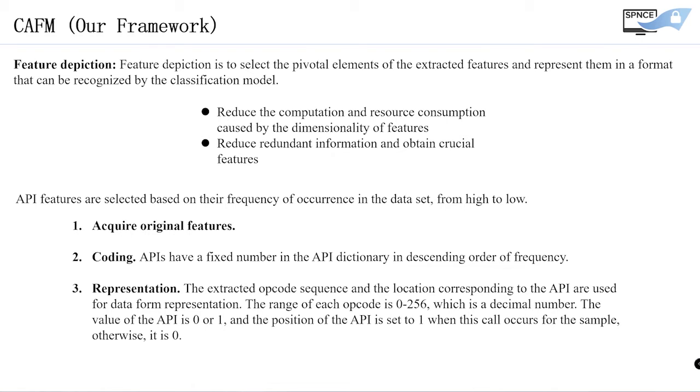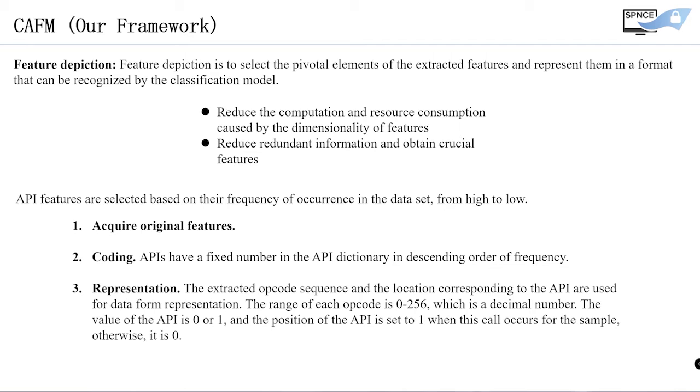API features are selected based on their frequency of occurrence in the dataset, from high to low. First, acquire original features. Second, coding. APIs have a fixed number in the API dictionary in descending order of frequency. And the last, representation.